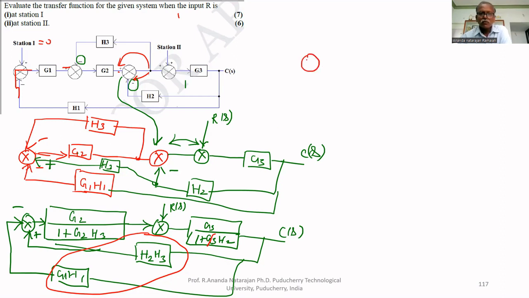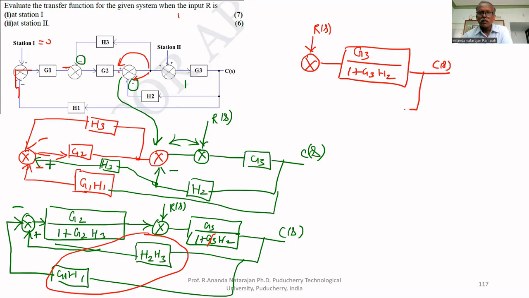This is R of S. G3 divided by 1 plus G3H2. The output is C of S. Here, these two are in parallel. H2, G1H1 plus H2H3 are in parallel.